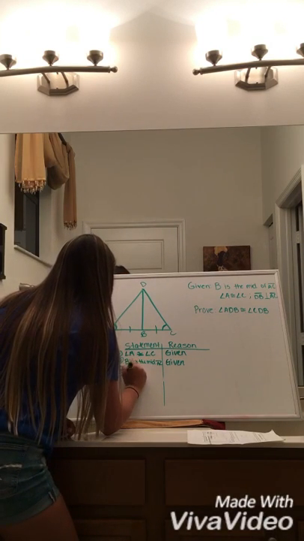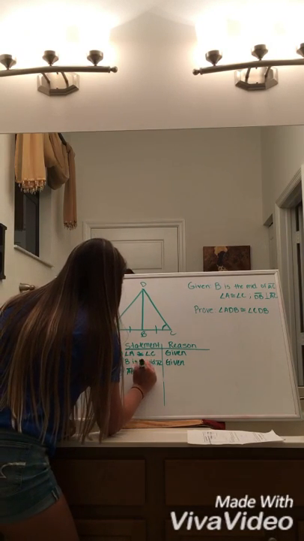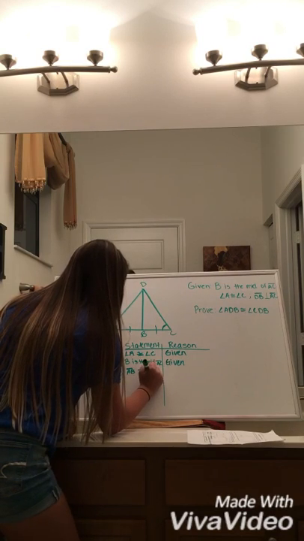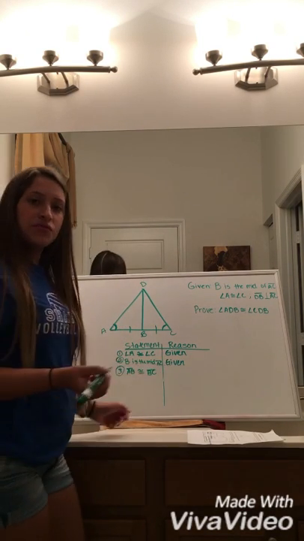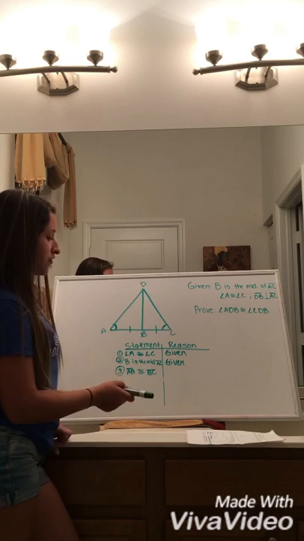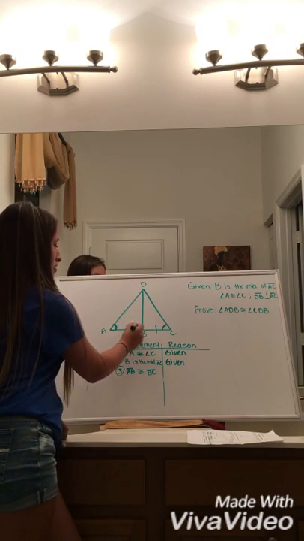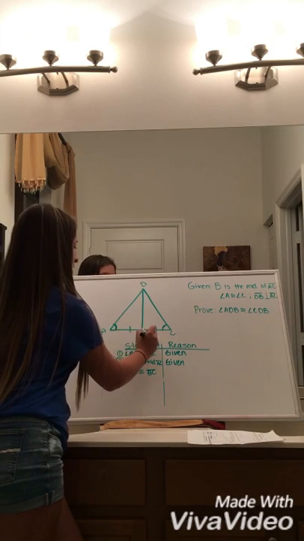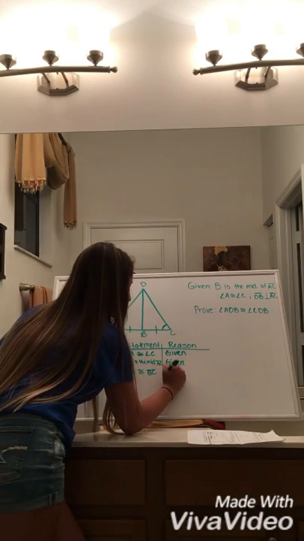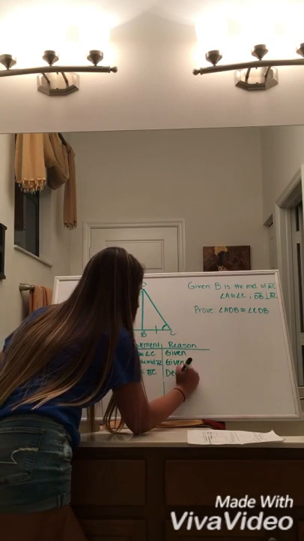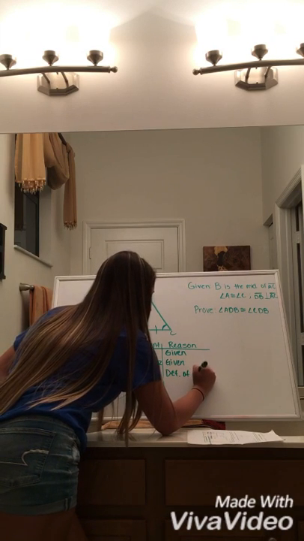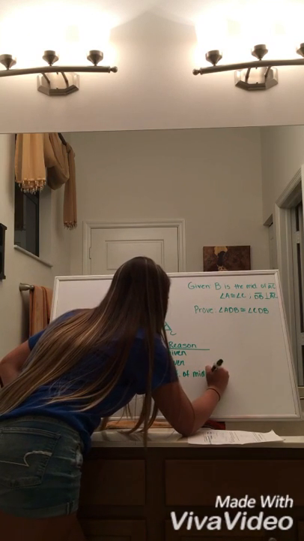Line AB is congruent to line BC. And my reason for that can be definition of midpoint. So B is the midpoint of AB and BC. So I can just put definition of midpoint.